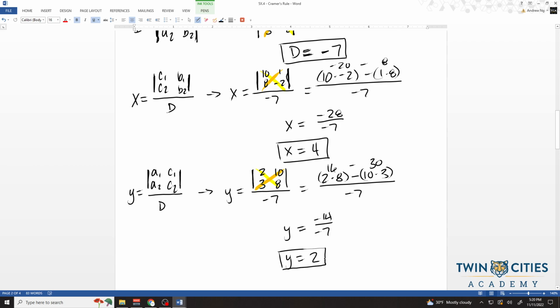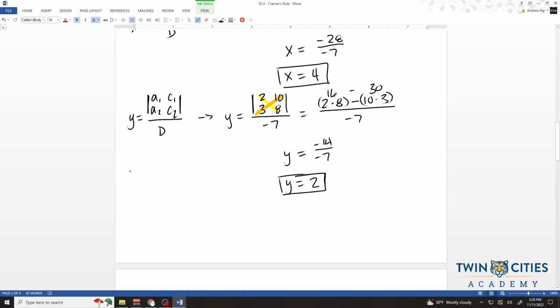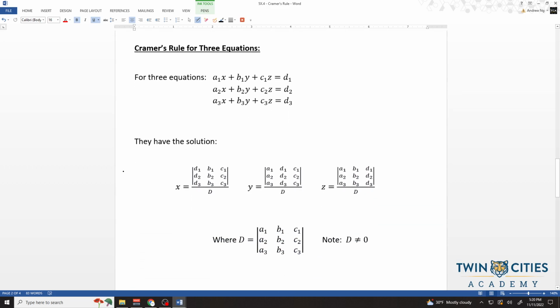We can also do this for a 3 by 3, or in other words, a system of 3 equations with 3 variables. So that's going to be something with x, y, and z. Let's go take a look at that. All right, Cramer's rule for 3 equations.